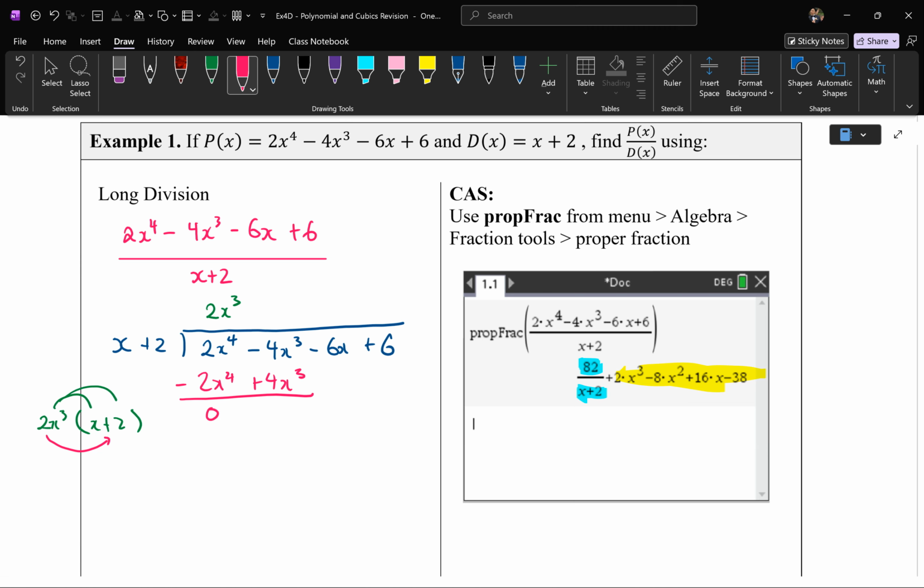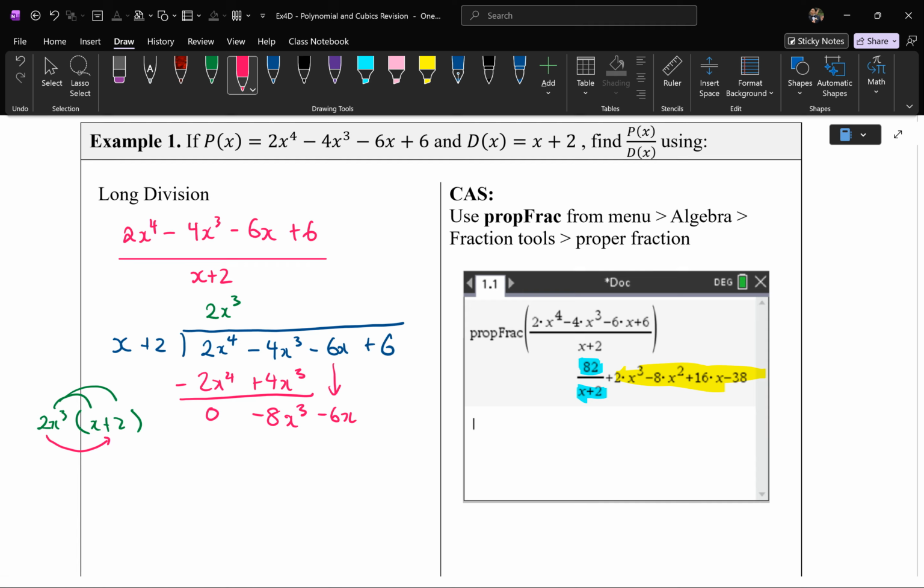Negative 4 subtract 4x cubed is not 0. Negative 4 subtract 4 gives you negative 8, very good. So we got negative 8x cubed. Drop down the next term, so minus 6x. And then you do the same process again.